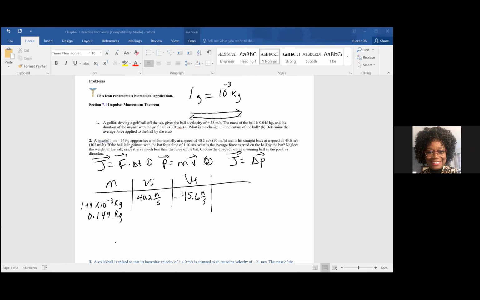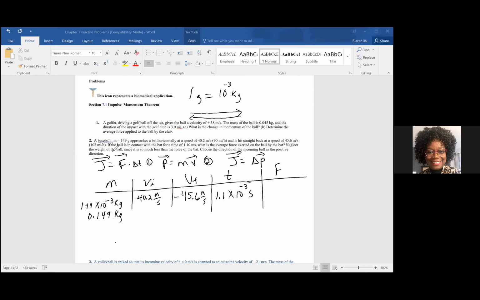If the ball is in contact with the bat for a time, so my time now is 1.1 times 10 to the minus 3 seconds, milli minus 3. What is the average force exerted on the ball by the bat? So what is force?